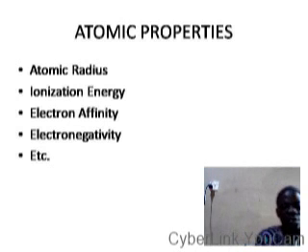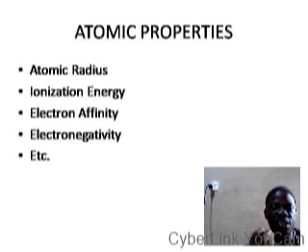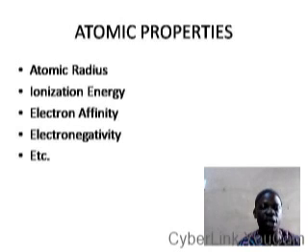The atomic radius of an element is defined as half the distance between nuclei of two adjacent atoms of the same element lying adjacent to each other.